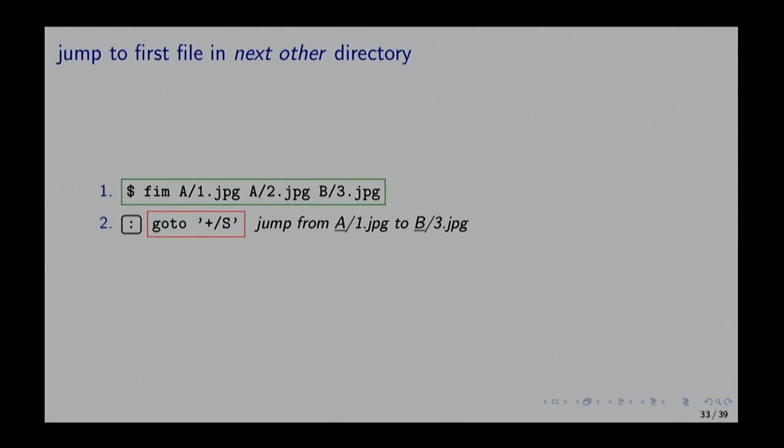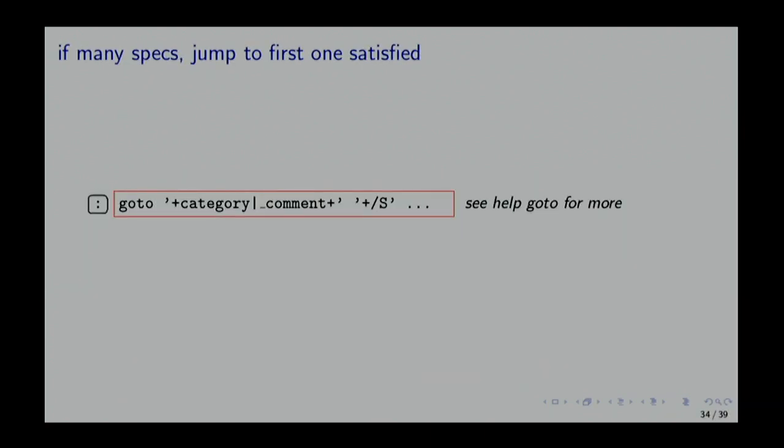If you load like 1,000 files in different directories where you don't know exactly where they are, you can use goto and something very specific which you find in the manual, and this will jump to the next directory inside what is being loaded there. So there are many shortcuts, let's say, for doing very specific jumps according to your workflow, because this is to adapt the way you wish to organize your stuff. And of course, if you have different specifications to the goto command, the first one which matches the jump will do the jump.